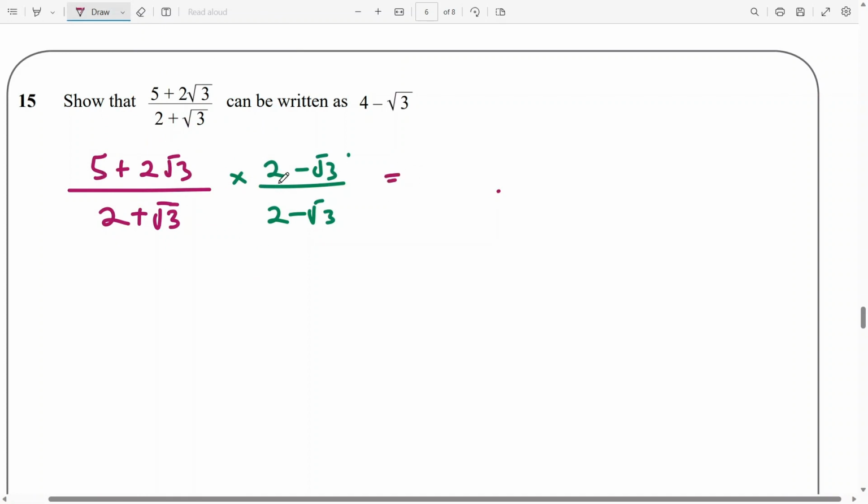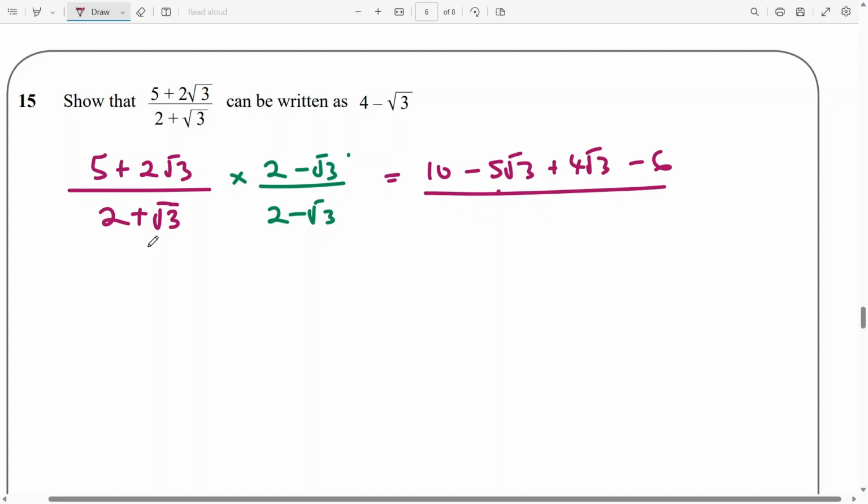So the top with 5 times 2 is 10. And 5 times minus root 3 is minus 5 root 3. And 2 root 3 times 2 is plus 4 root 3. And 2 root 3 times minus root 3, that's going to give you minus 6.